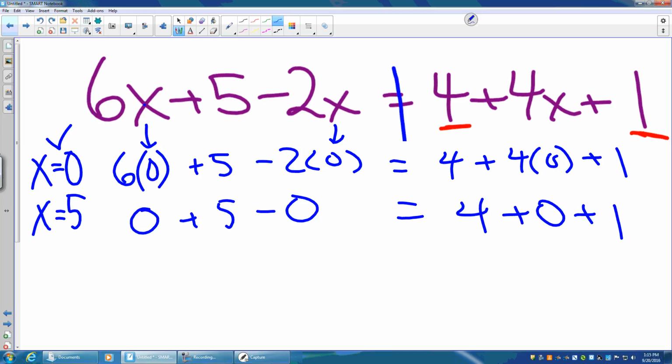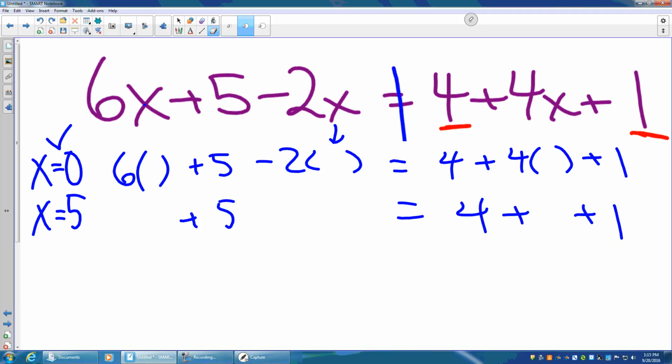All right, so now that I have that, let's try 5 to see that it actually happens again. So instead of rewriting everything, I'm just going to rewrite the zeros, and I'm going to plug in, instead, 5s. 6 times 5 is 30, plus 5, minus 10 is equal to 4, plus 20, plus 1.